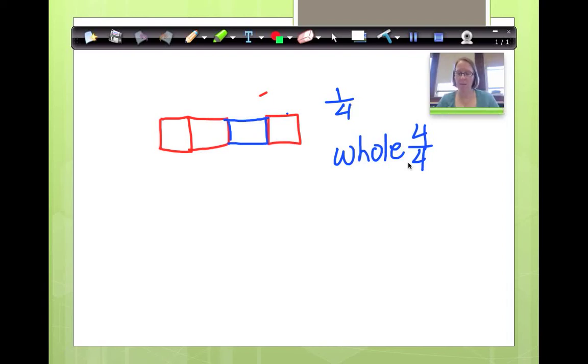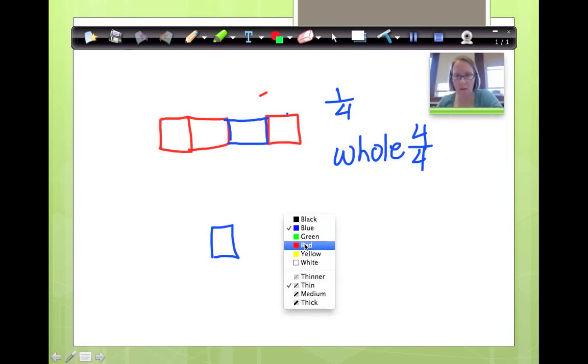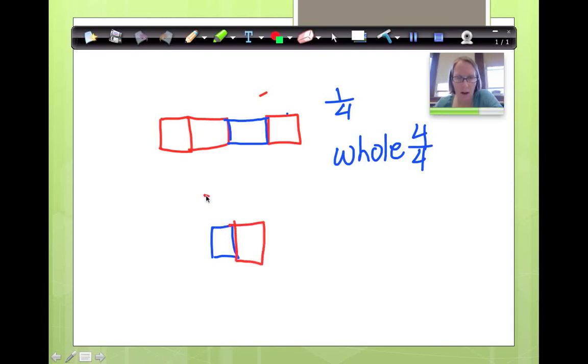Okay, now what if I make a picture like this? This is my next model. I used the same exact linking cubes, and now I have, let's draw what I have. I've got this over here, and then I've got my red pen. I have a linking cube here, a red one. I have a linking cube here, and a linking cube here, don't I?